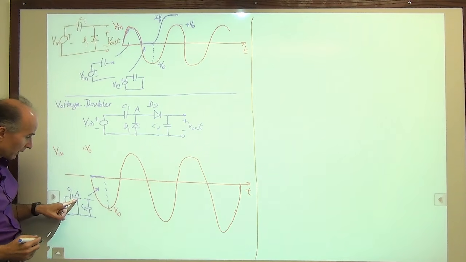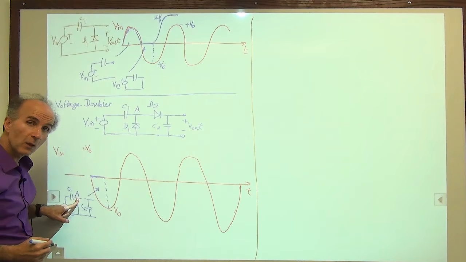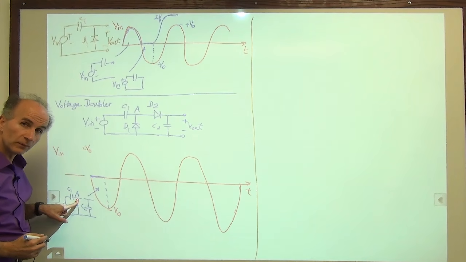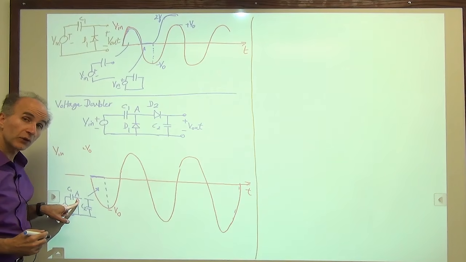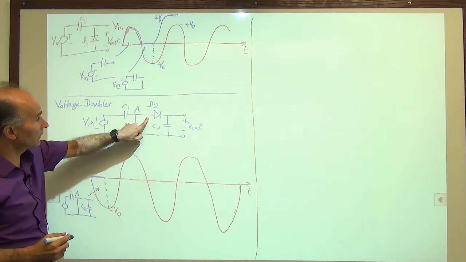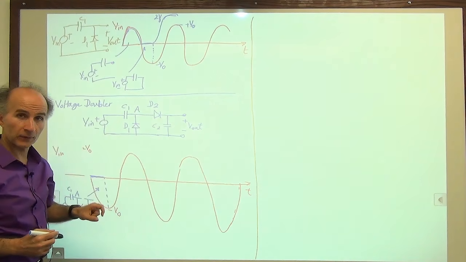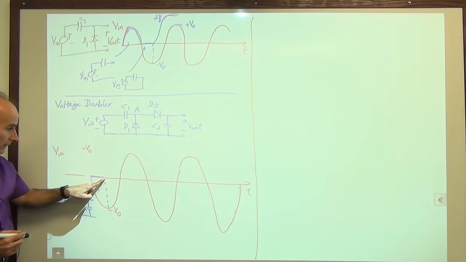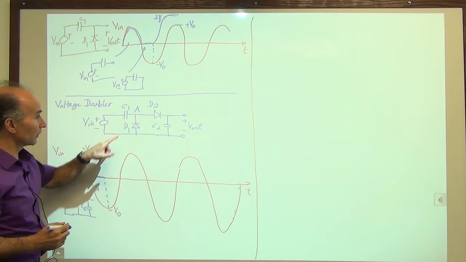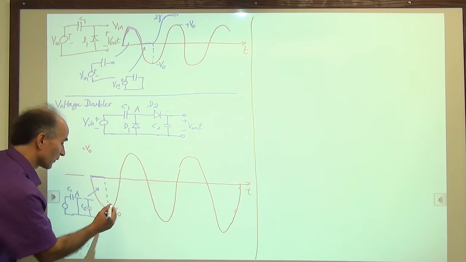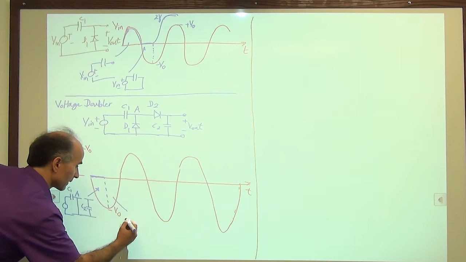Well, if point A wants to go up, what happens to D2? D2 wants to turn on because its anode is becoming more positive than its cathode. Its anode starts at 0 and wants to go up. So D2 turns on. So over here, the circuit is as follows.